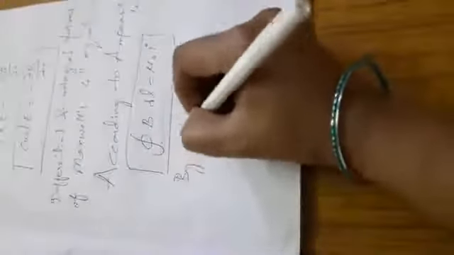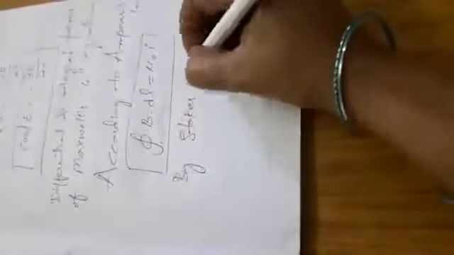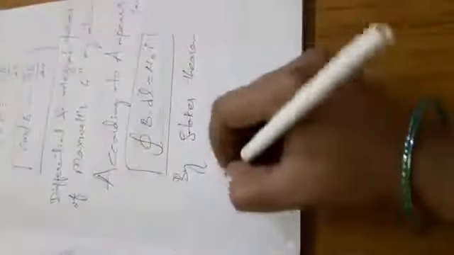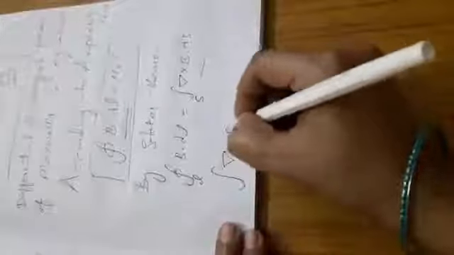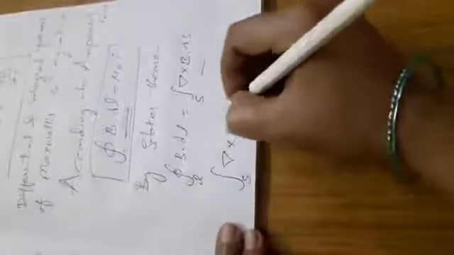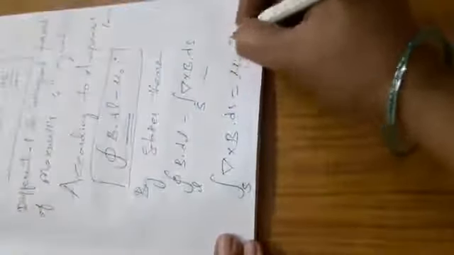So by Stokes theorem, we have B dot dl over a closed curve is equal to curl B dot dS, and this can be written as del cross B over the surface S dot dS is equal to, right hand side as it is, mu naught I.